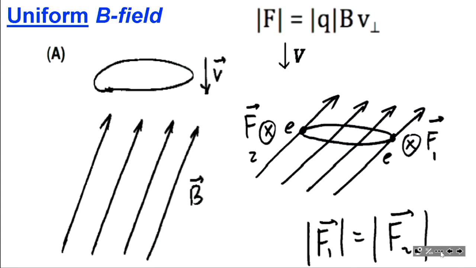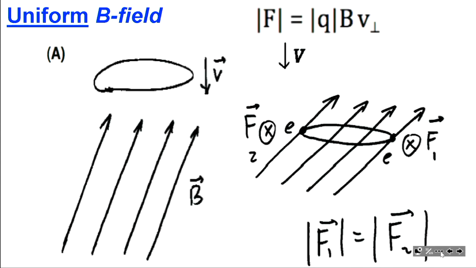Well, we have to analyze two different situations. The situation number one, when magnetic field is uniform, and the situation number two, when the magnetic field is not uniform. It's more dense here, less dense there.